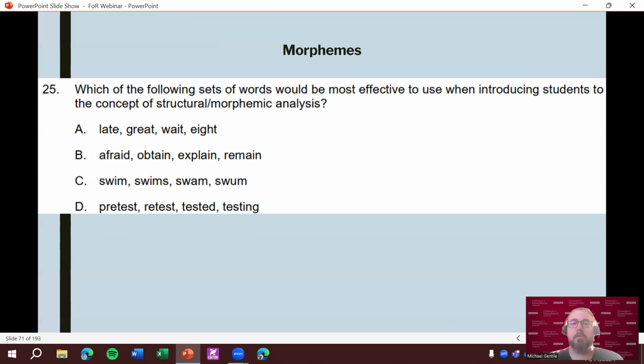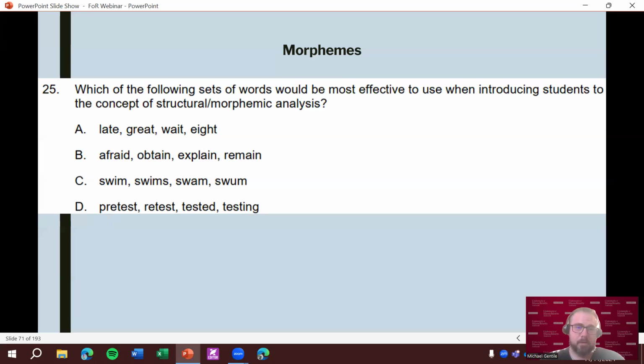So this is going to be really effective for teaching structural and morphemic analysis. You can see how they have to use a slash there because some people call this structural analysis, other people call it morphemic analysis. For us, they're just always going to put the slash in, so that's what you need to know.